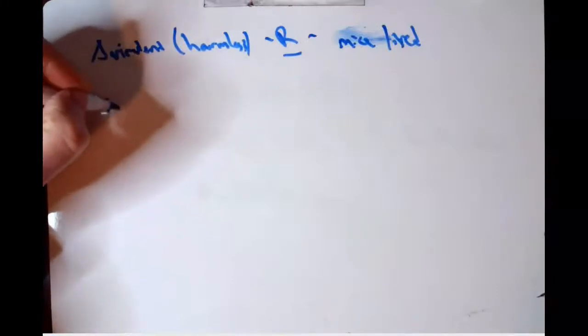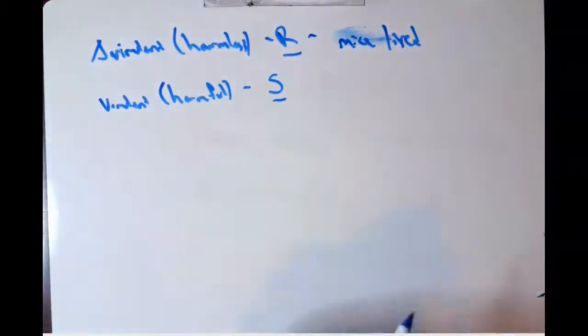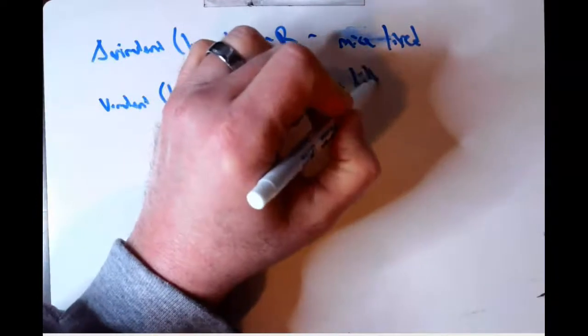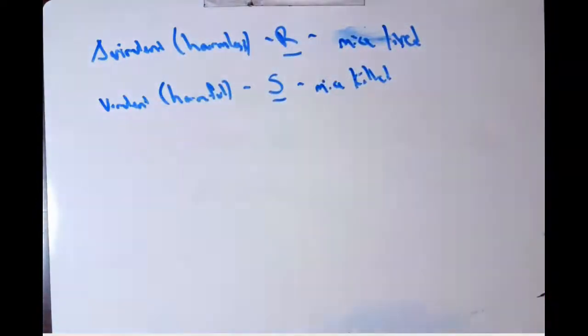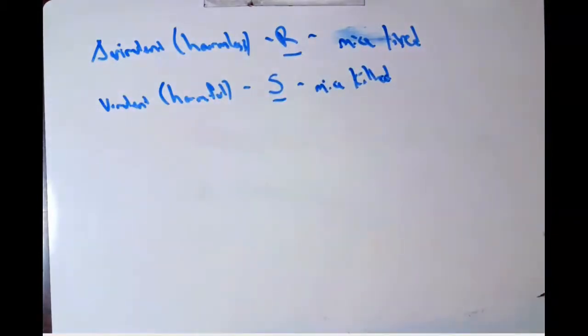And then we have the virulent cells. Now these are the harmful cells. They appeared smooth under the microscope, so they were given this S designation, but these, because they were virulent, killed mice upon infection. So very symptomatic. Symptom of S cell infection was death.